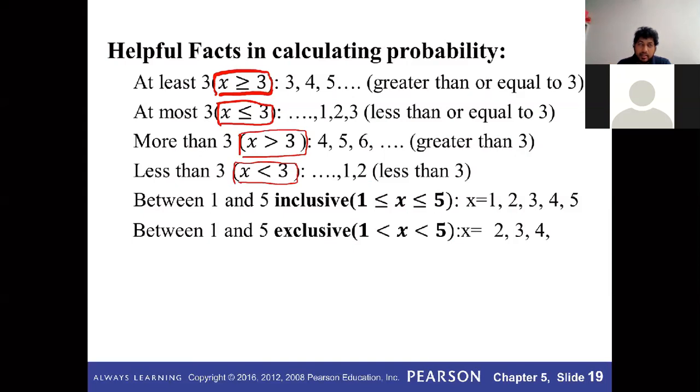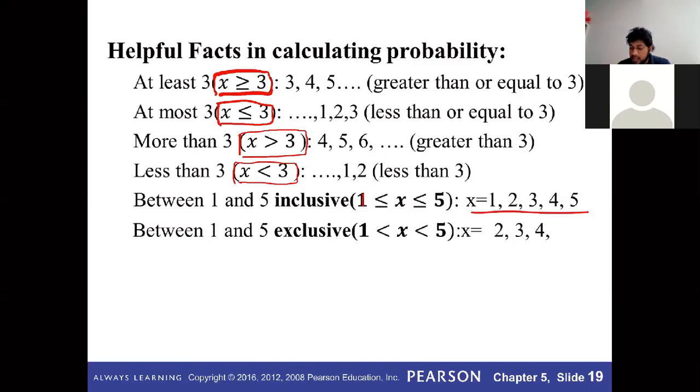Between: when we use "between," there are two subgroups. Between 1 and 5 inclusive means you have to consider 1 and 5 as well, so all values between 1 and 5, including 1 and 5.